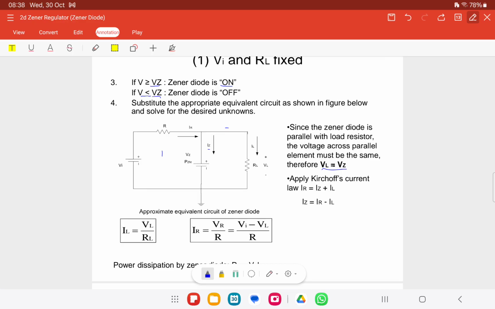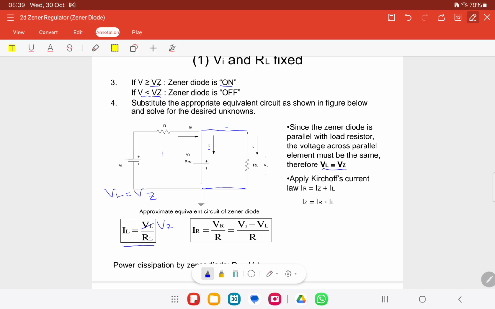Okay, so VL is equal to VZ. Still using the same concept, same node. After that, can we get IL? We can, right? Use this formula with the value VZ, because VL equals to VZ. If you want to write VZ, that is also fine, as long as you understand.